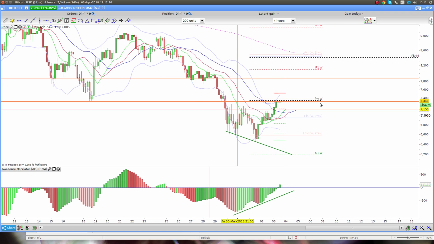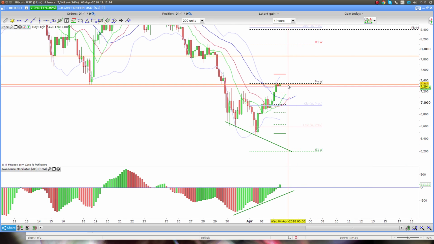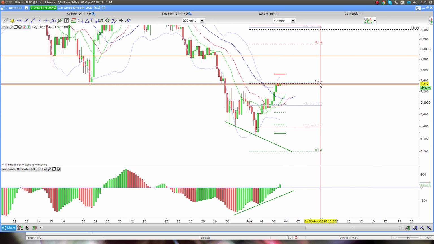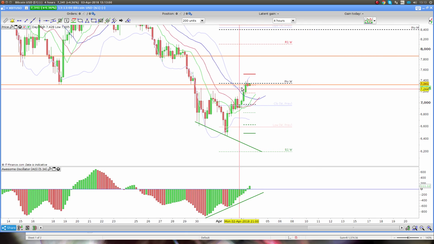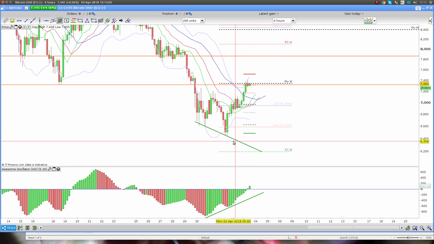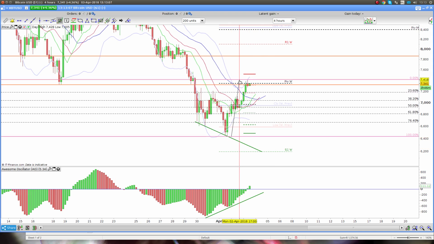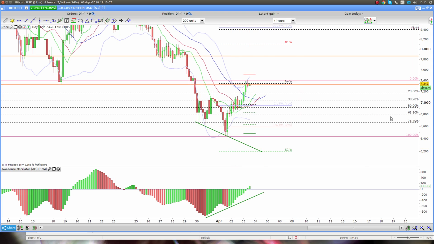And for me, what I'm looking for is a pullback off the weekly pivot point, which is this black dotted line here, the weekly pivot. If we can get a pullback off here, I think we'd be looking for a nice Fibonacci pullback. I'll put a block in here so we can see what I'm saying, somewhere around there.